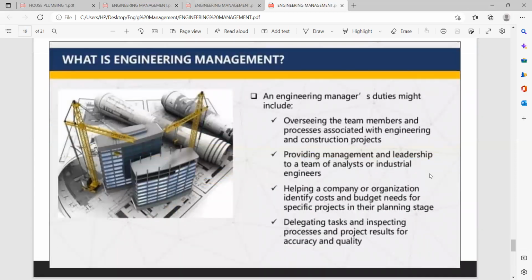Again, as an engineering manager, ang duties nito include overseeing the team members and processes associated with engineering and construction projects, providing management and leadership to a team of analysts or industrial engineers, helping a company or organization identify cost and benefit needs for specific projects in their planning stage, and delegating tasks and inspecting processes and project results for accuracy and quality.